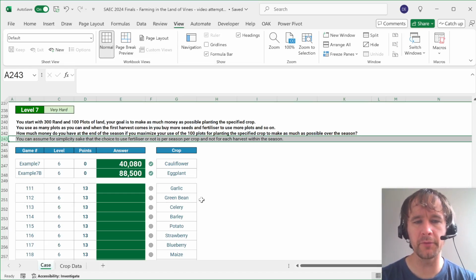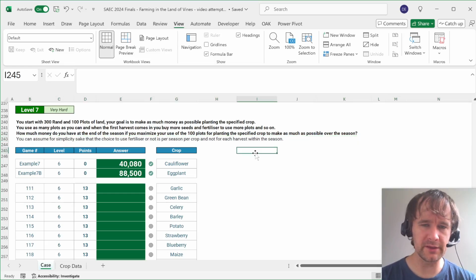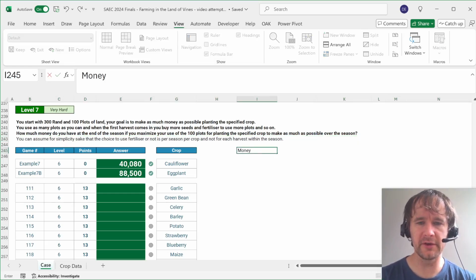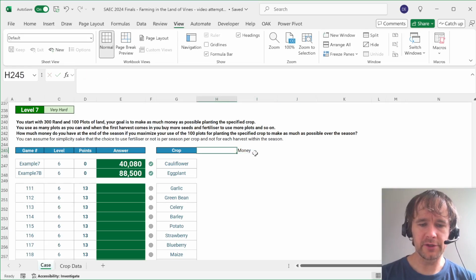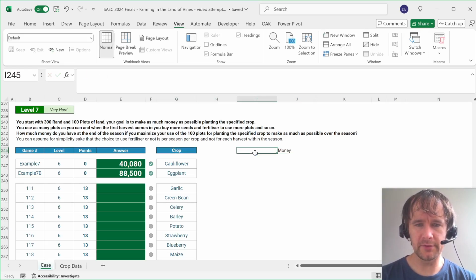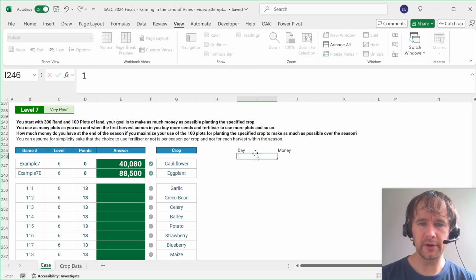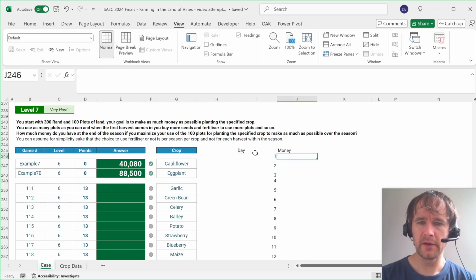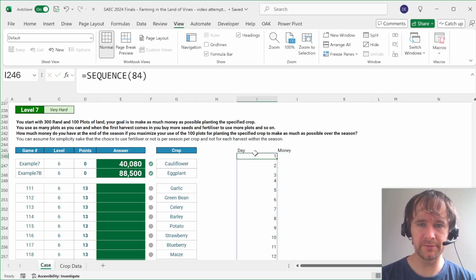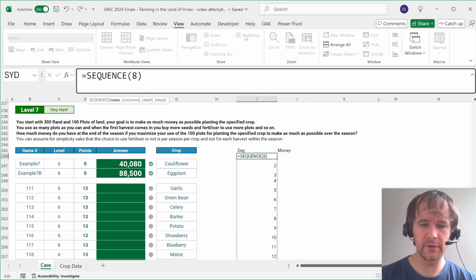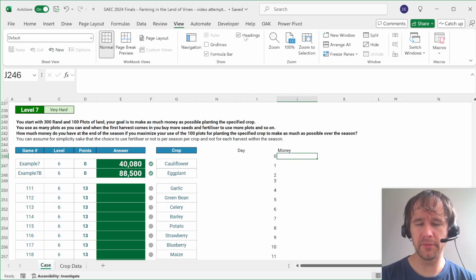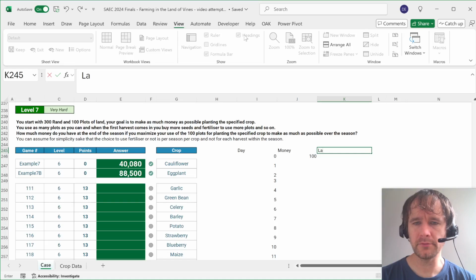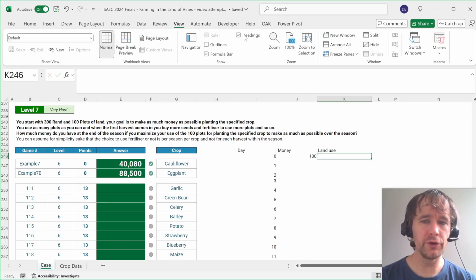It's very complicated. So the way I thought about modeling this is that you would have basically a tracker for each. You'd have day starting at 1, going up to 84 days in the season, or I guess maybe this should be 85 starting from 0. You have your money, which starts off at 100, and then you'd have your land use, which would start off blank.